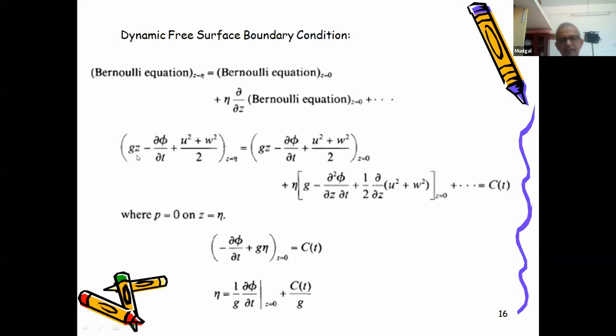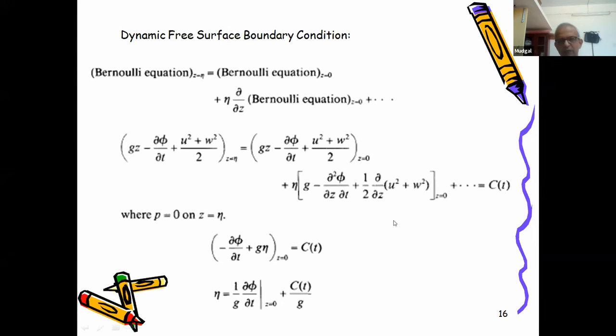Of course we use the unsteady Bernoulli's equation, gz minus del phi by del t plus (u square plus w square) by 2 at z equal to eta is equal to gz minus del phi by del t plus (u square plus w square) by 2 at z equal to 0, plus this term eta, and when we differentiate within the braces, you will see that you get g plus del square phi by del z del t plus half of del by del z of (u square plus w square) at z equal to 0, is some constant which is a function of time.